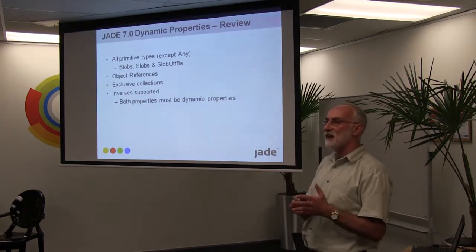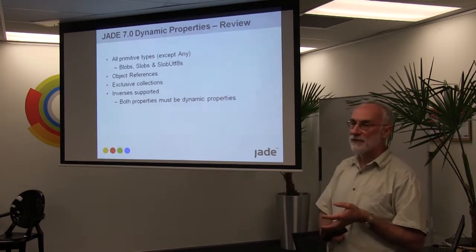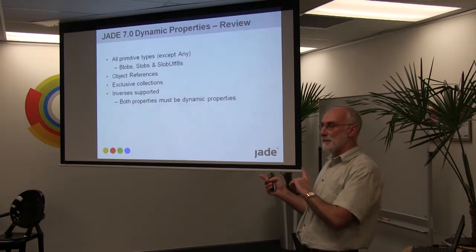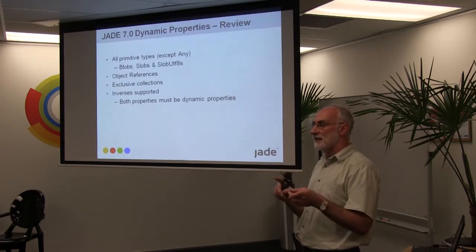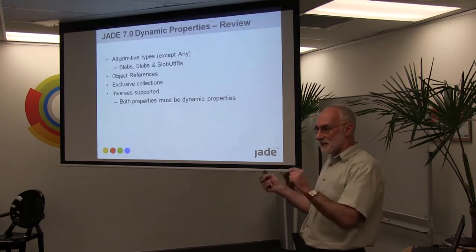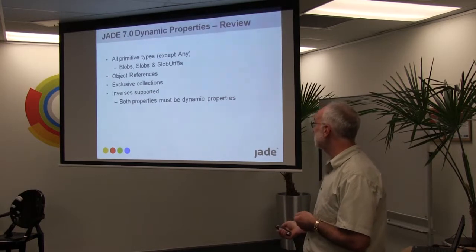The supported data types are all primitives, references, blobs and slobs, support for exclusive collections, and support for inverses. But in 7.0 the inverses have to be between just other dynamic properties. You can't have an inverse to an existing static property.